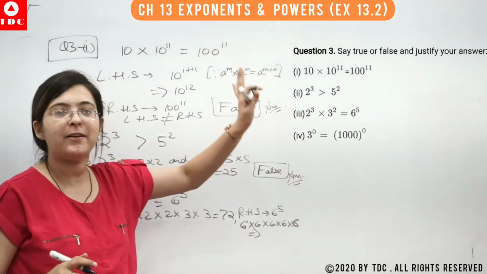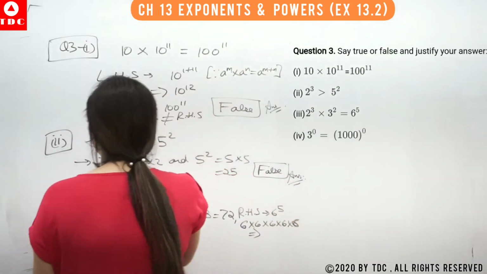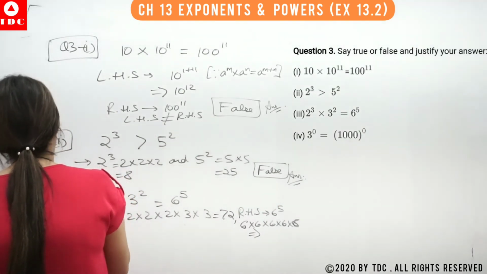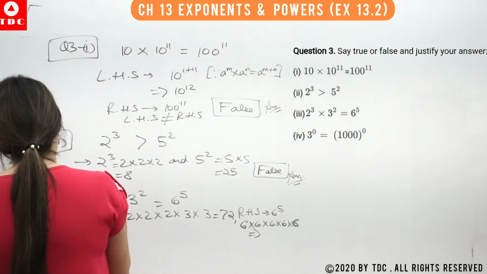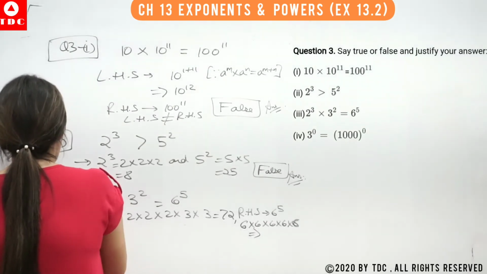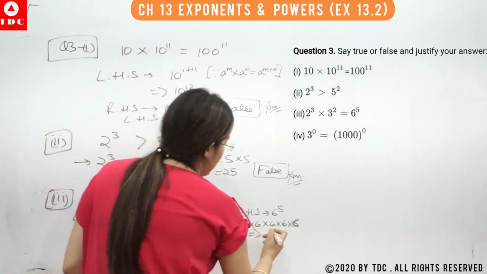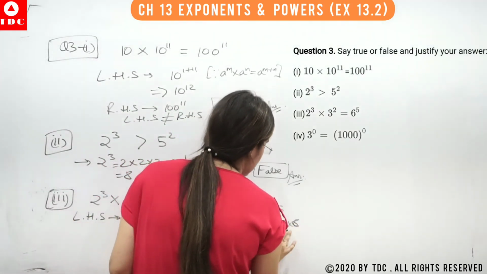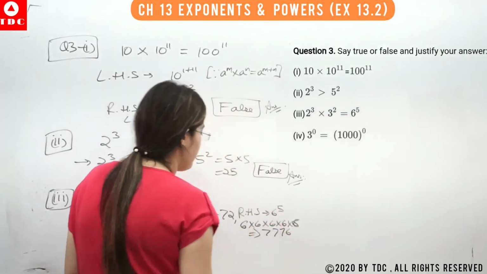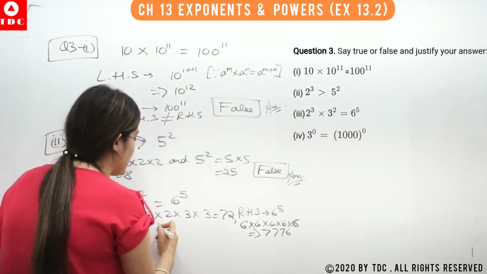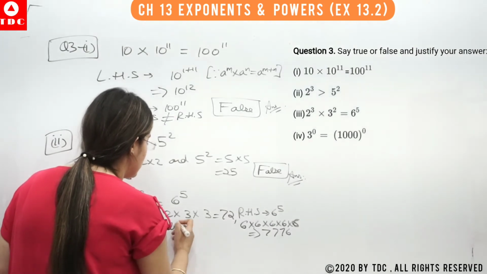That means it will be greater. 216 into 36, how much will you get? Do it in rough, students. You will get 7776. That means LHS is not equal to RHS. Therefore, its answer will also be false.